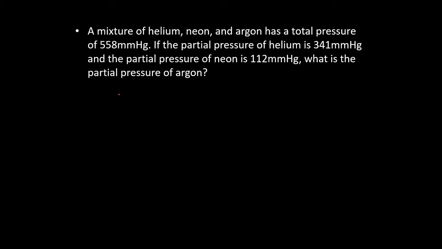Okay, so because we have a mixture and we're asked to investigate just one part of the mixture, we are going to be using Dalton's Law. So the total pressure is equal to the pressure of the argon plus the pressure of the neon plus the pressure of helium.